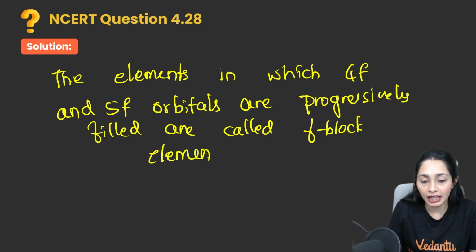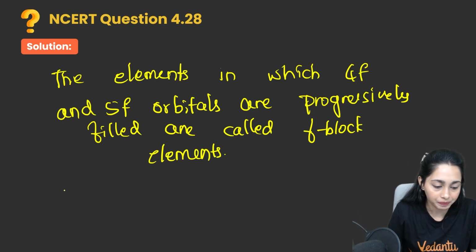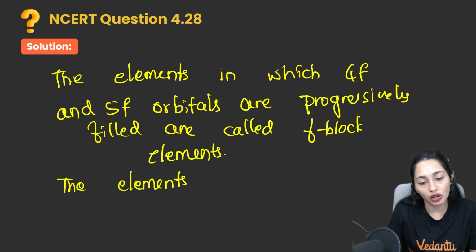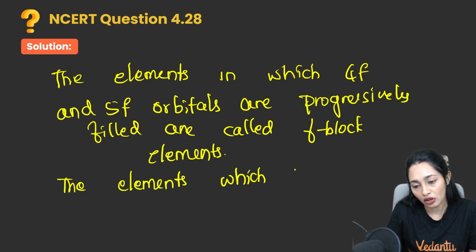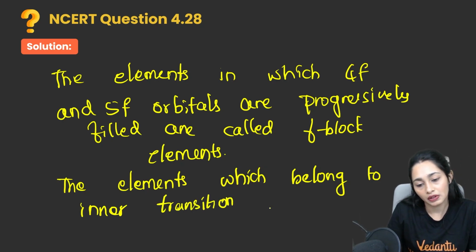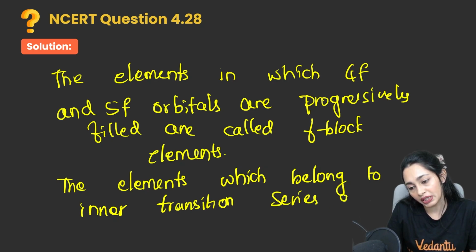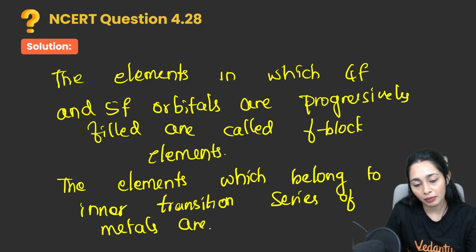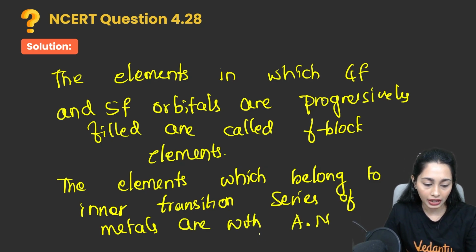So amongst the elements whose atomic number is given, the elements which belong to the inner transition series of metals are with atomic number 59.